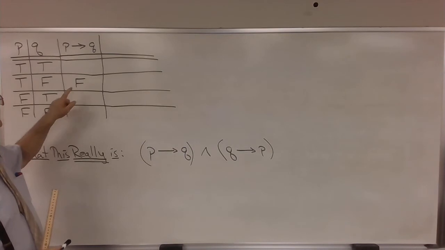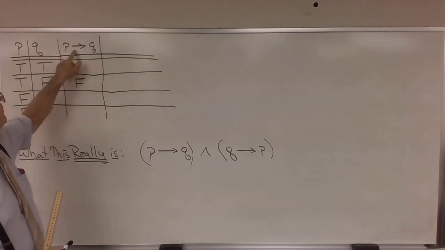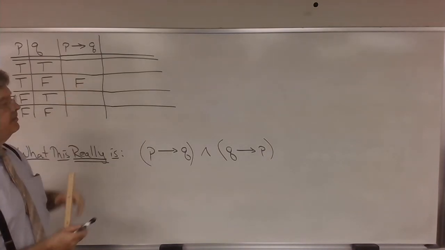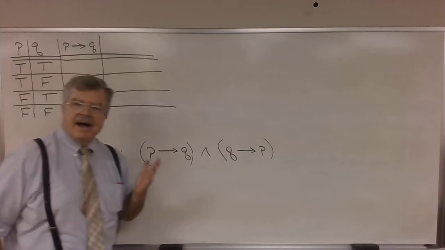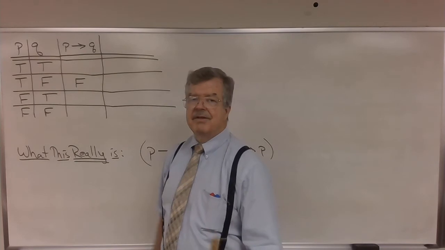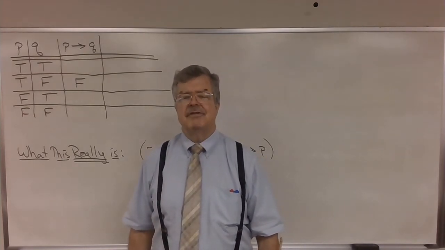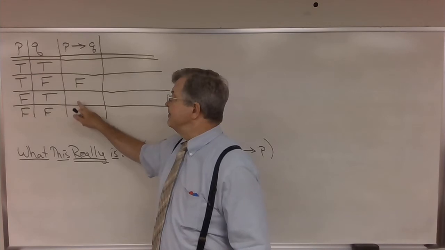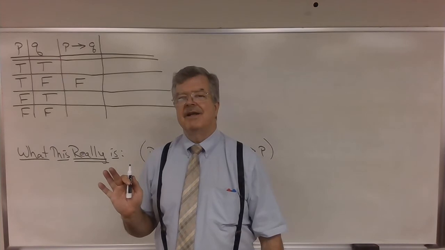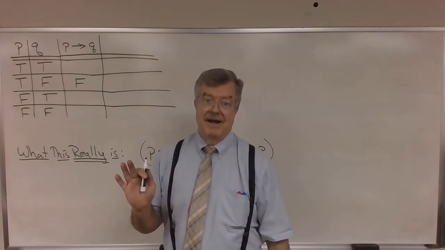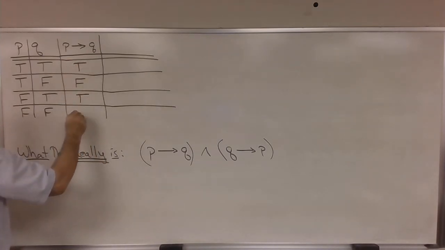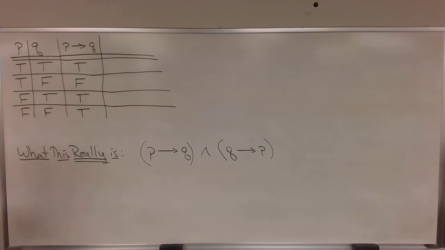But since I know that this is the special case for a conditional statement, and that all other truth values are going to be true, I don't have to think about anything when I fill in the rest of the truth values. I know everything else has to be true. I can fill in the rest of this column without thinking. And believe me, the only thing I enjoy more than thinking is not thinking. I know all the rest of these values have to be true. Bingo, I put them in.